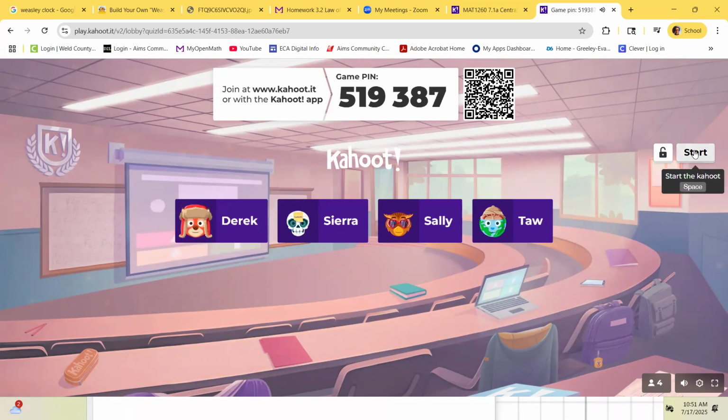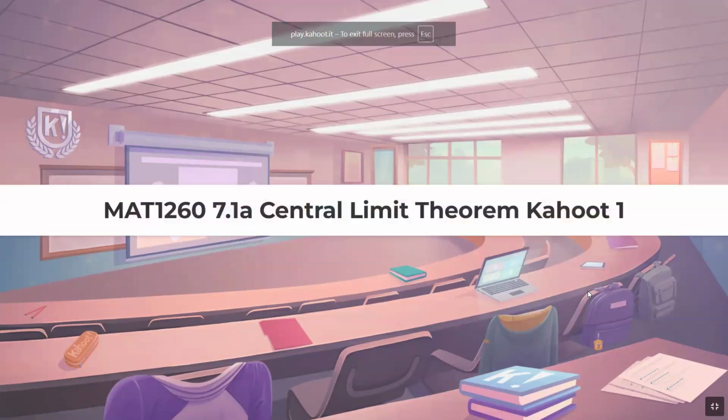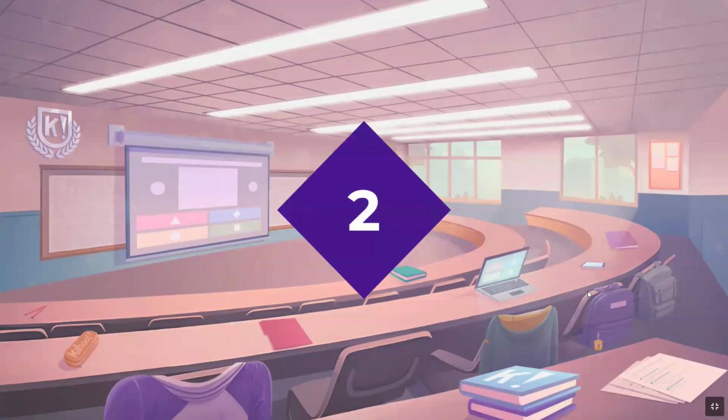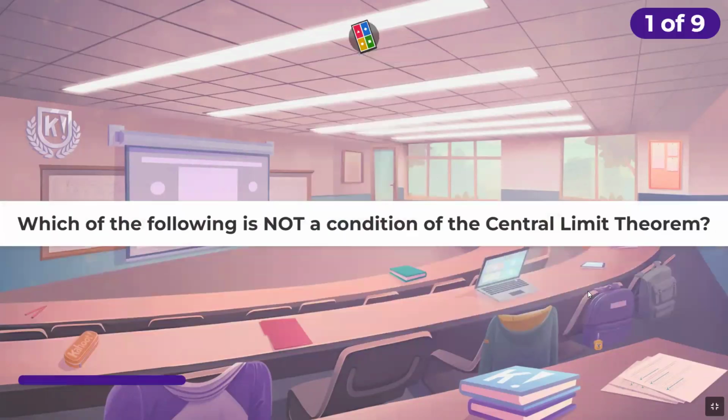All right. Gang's all here. Which of the following is not a condition of the central limit theorem?